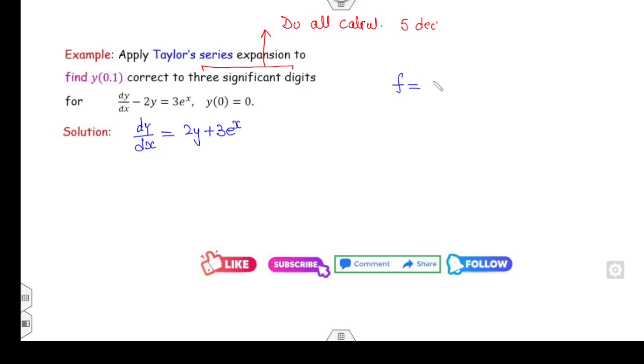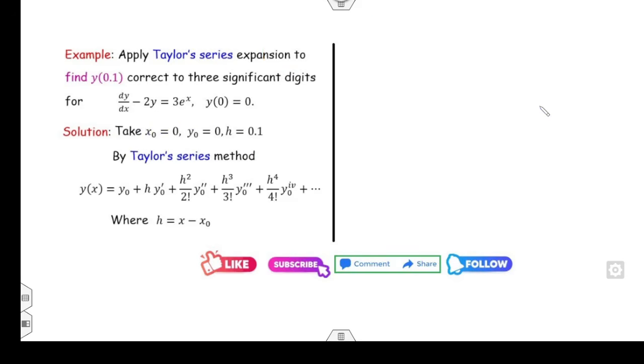So your f will be 2y plus 3 e raised to power x. This function is continuous and differentiable at the point 0, 0. Yes, the Taylor method is applicable. So we can start with x naught is 0, y naught is 0, h is 0.1.